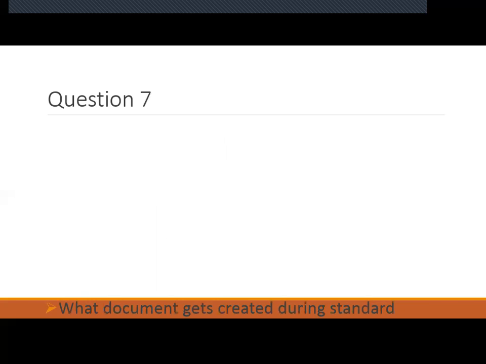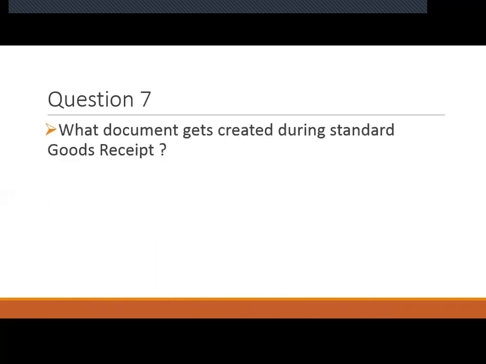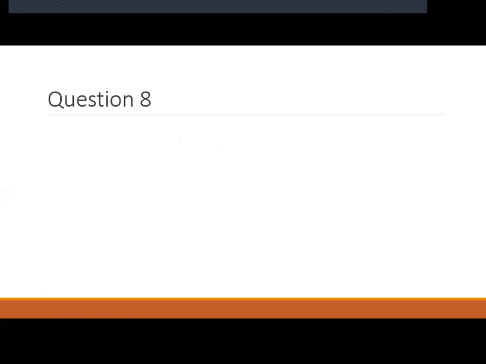Question number 7. What document gets created during standard goods receiving? They may ask you what is the movement type for standard goods receipt. It's 101. You have to say that. What documents get created upon goods receiving? An accounting document and a material document get created. These two you have to tell them.